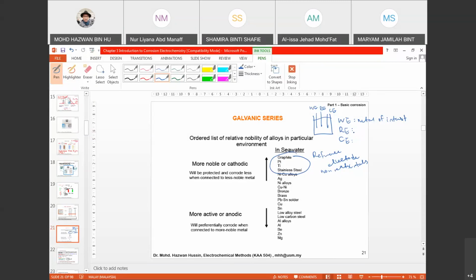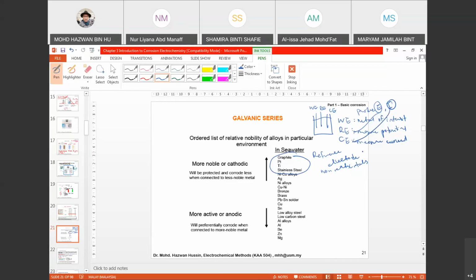A reference electrode is an electrode used to measure potential. Because when you put the working electrode, the active metal, into the electrolyte, it will produce potential and also current. So you need other electrodes to measure it. The reference electrode is used to measure potential, and the counter electrode is used to measure current.